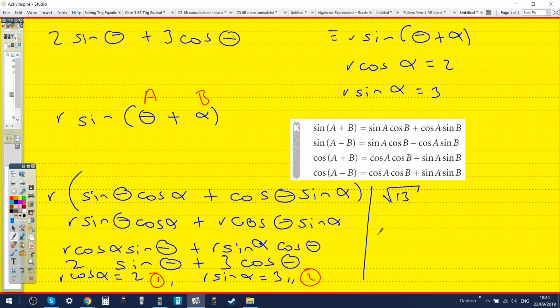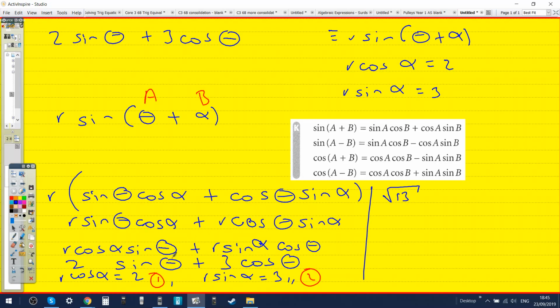To get alpha is the arctan of 3 over 2. Could you just remind me, it's always the cos which will go on top? The sine goes on top. Sine goes on top, and that's the sine from r sine alpha.